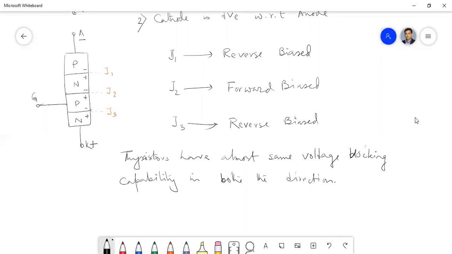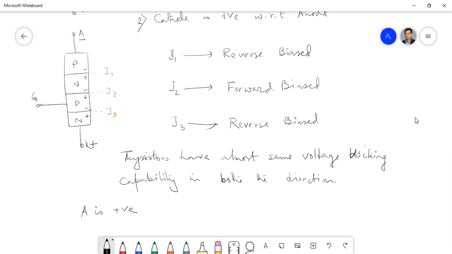Now, when the anode is positive with respect to the cathode, what is that condition called for a thyristor? Forward blocking mode? No, it's not blocking, blocking capability is different.